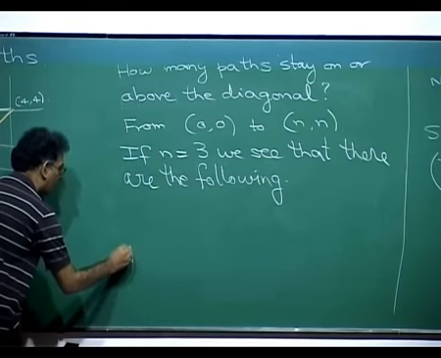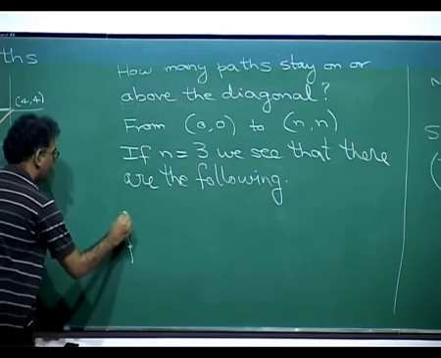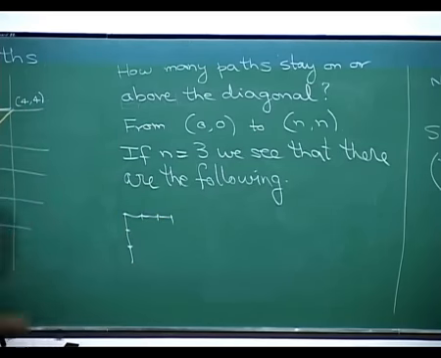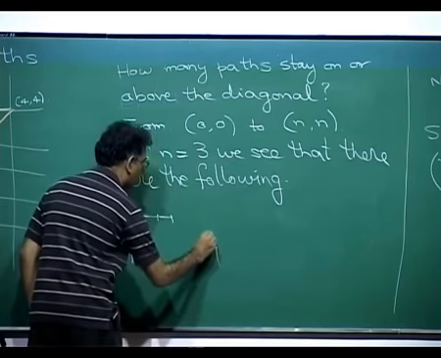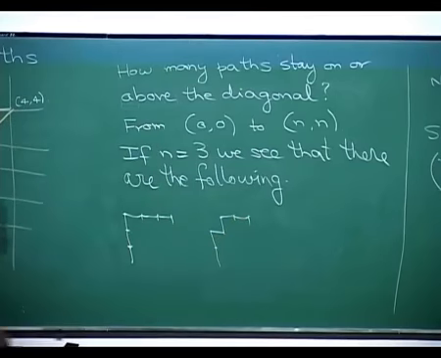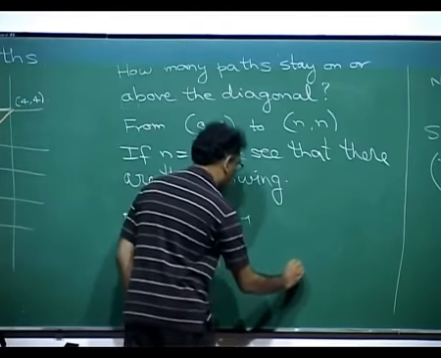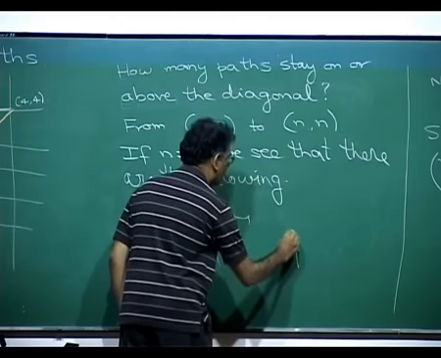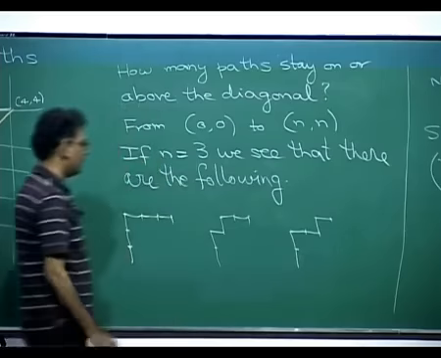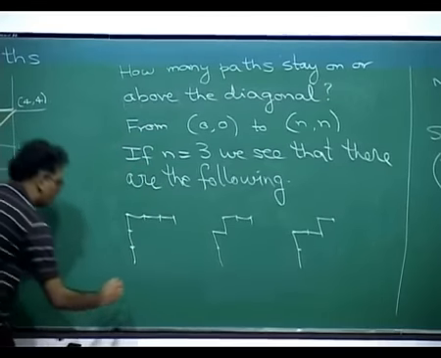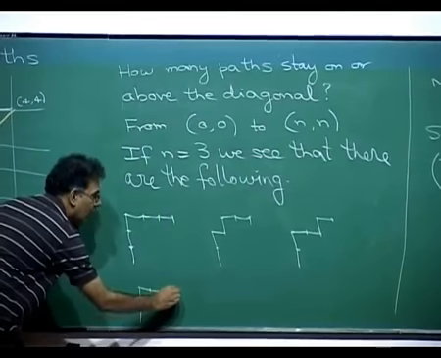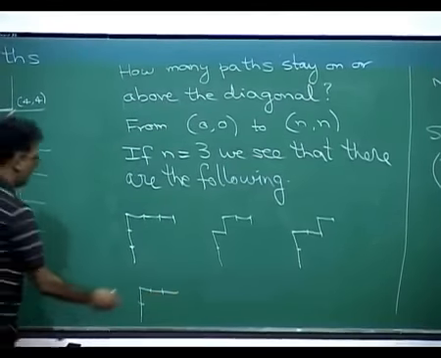So either you can go all up and then all right, that's completely above, or you could go 2 up, right, right, that's one, or you could go 2 up, right, up, right. Okay, no, that's not allowed.